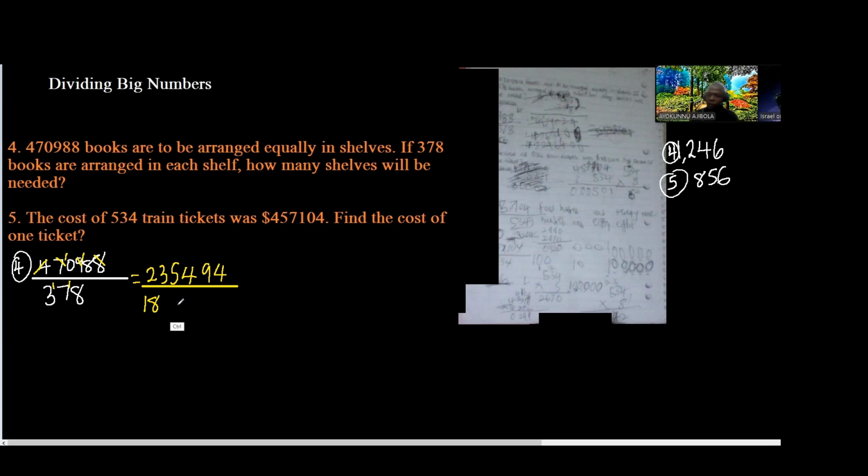Obviously, I cannot divide this by 2 any longer because the number at the bottom doesn't comply. It's not an even number. So the next number I can decide to use is probably 3, if it's going to divide it, okay?